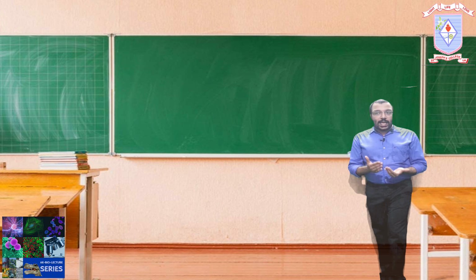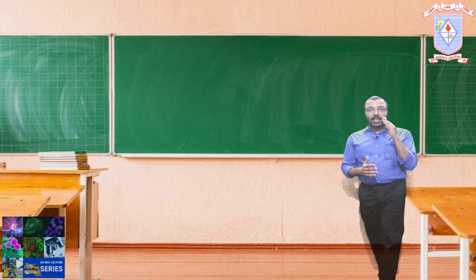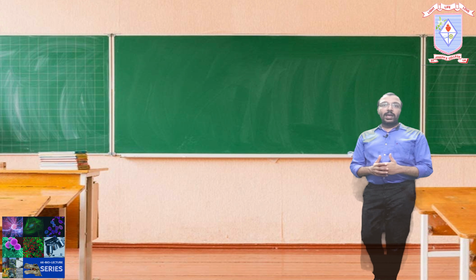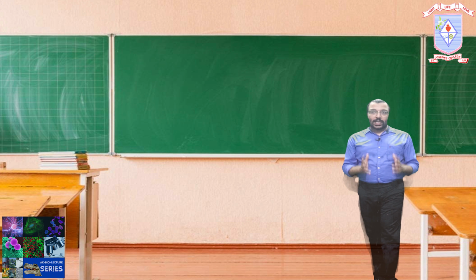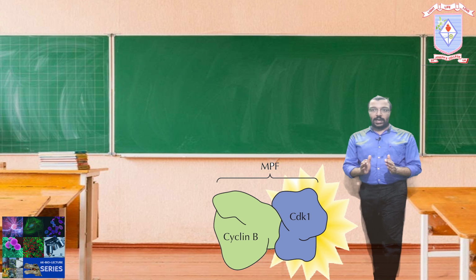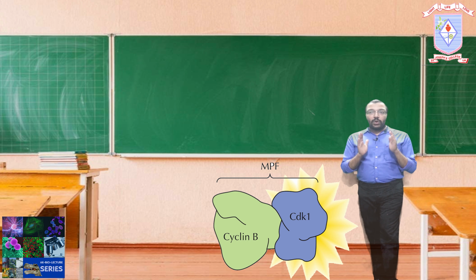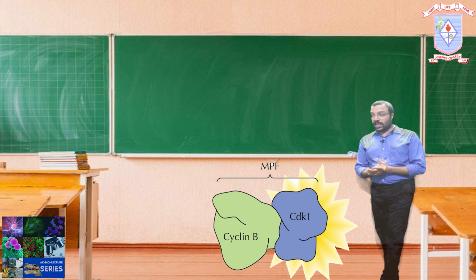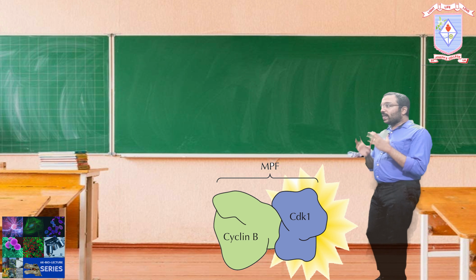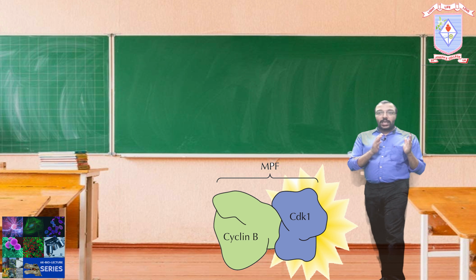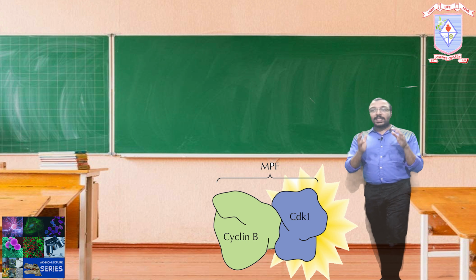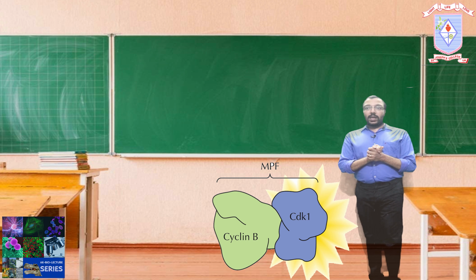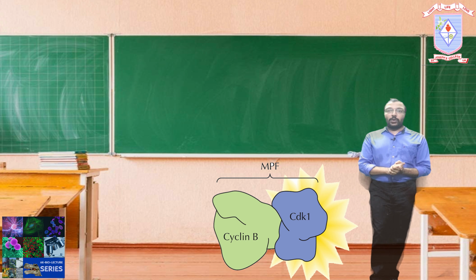Among different CDKs in humans, the one that is part of MPF, the mitotic promoting factor, is called Cdk1. We know the general activation process of CDK. The activation of each CDK depends on its dimerization with its corresponding specific cyclin subunit.